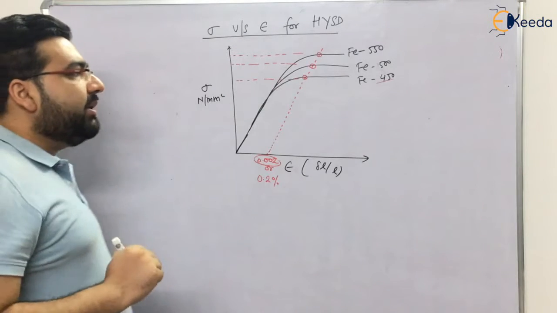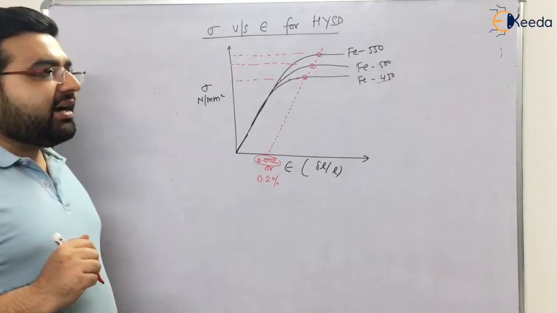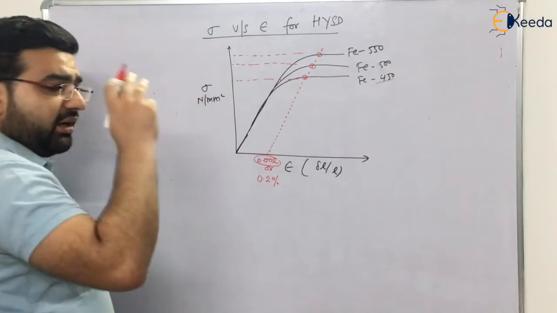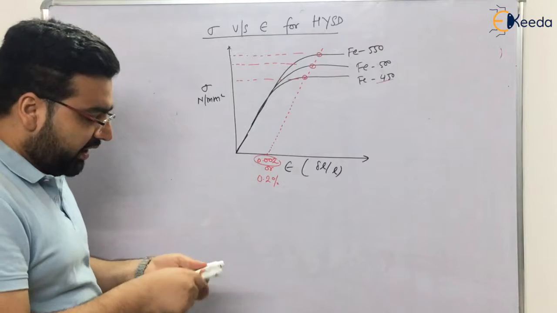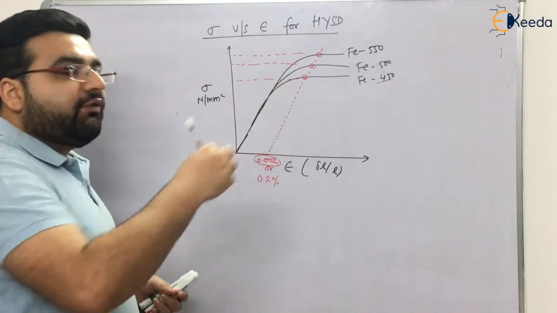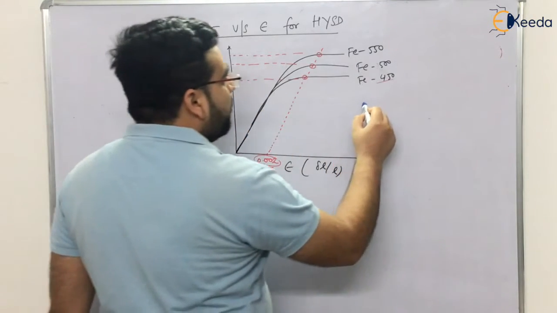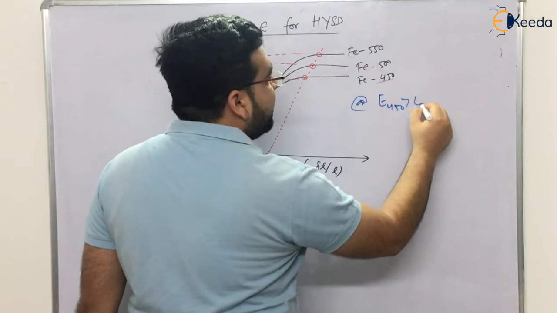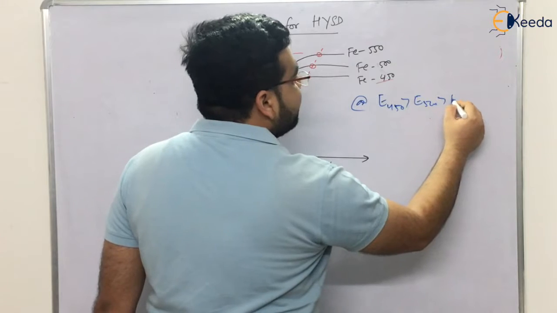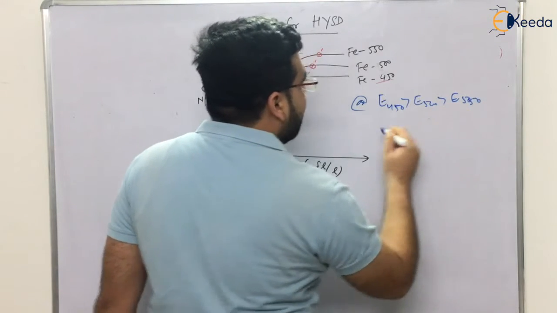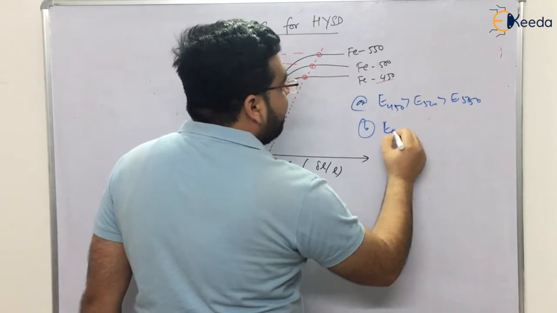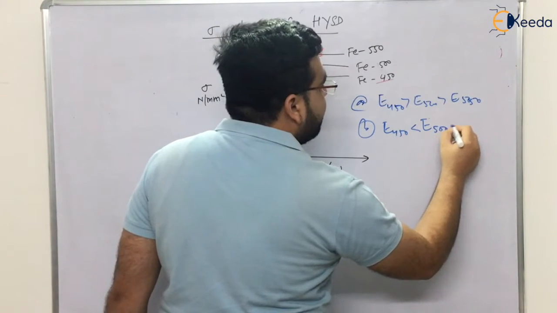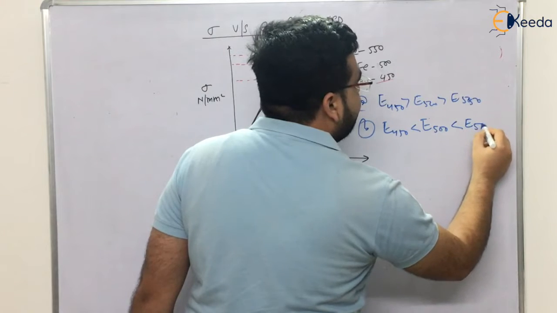Okay, in one examination there was a question on the Young's modulus of elasticity. It was a theoretical question actually. Which one of the following is correct? First option was E for 450 is greater than E for 500 is greater than E for 550. The second option was E for 450 is less than E for 500 is less than E for 550.